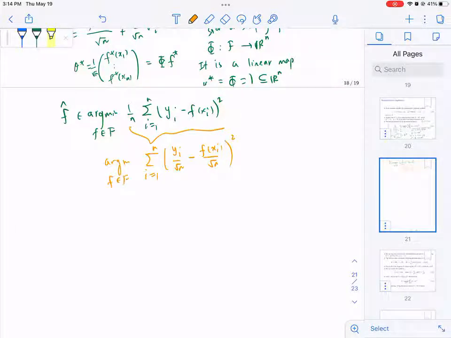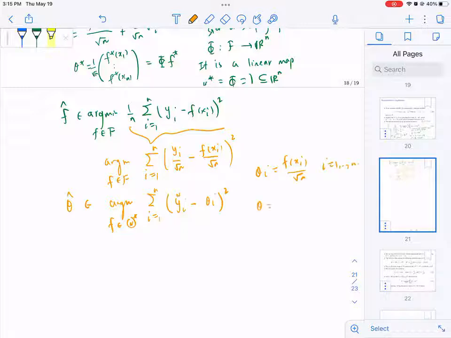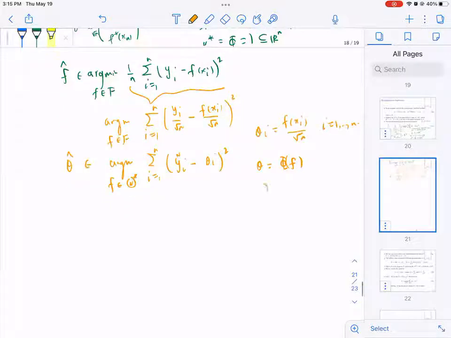So the equivalent version is argmin over f in F of summation i from 1 to n, (y tilde i minus theta i) squared, and you can call the minimizer theta hat. Here theta i is f xi over root n for all i from 1 to n. And you can see theta is connected to f via that evaluation map. And then theta star is, as before, the image of f star.